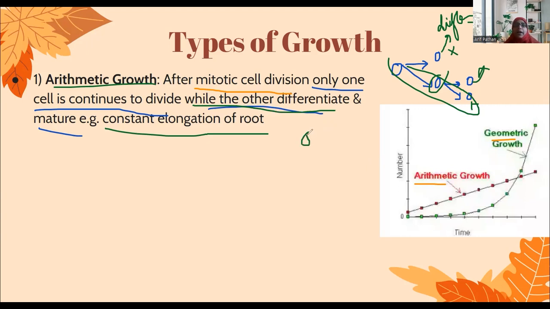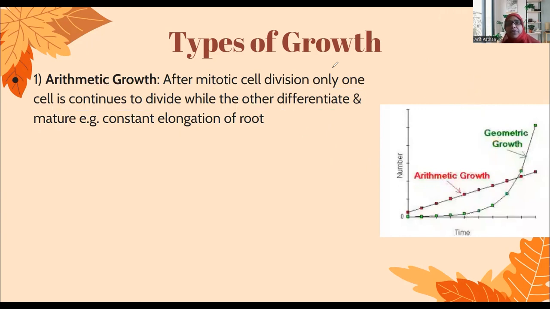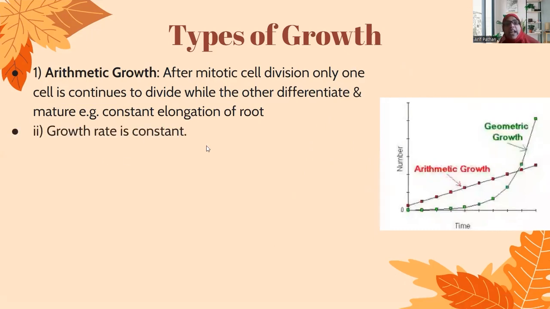So it's like half of the team goes into team building of the plant material, and the other half gives rise to more members, like division. If you see the graph, arithmetic growth is a straight line graph. The growth rate is constant. There will be no too fast growth happening nor too slow growth happening.